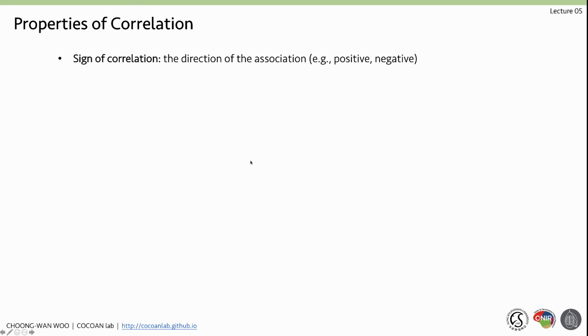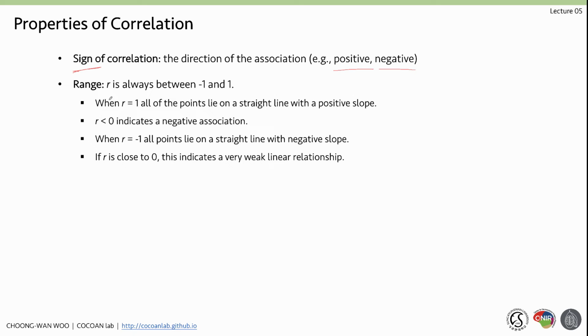And there are properties of correlation. We can say the direction of an association, whether it's positive or negative, using the sign of the correlation. r is always between -1 and 1. It's designed to have this range.